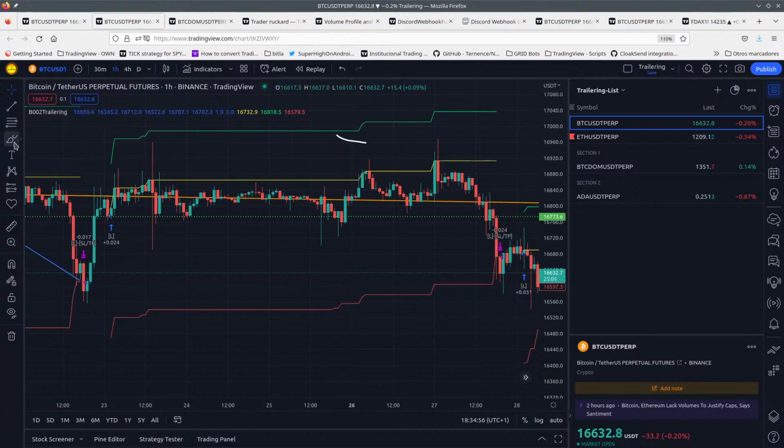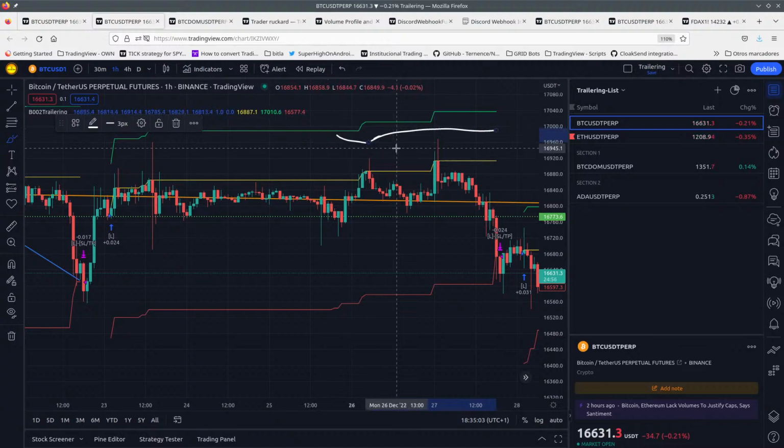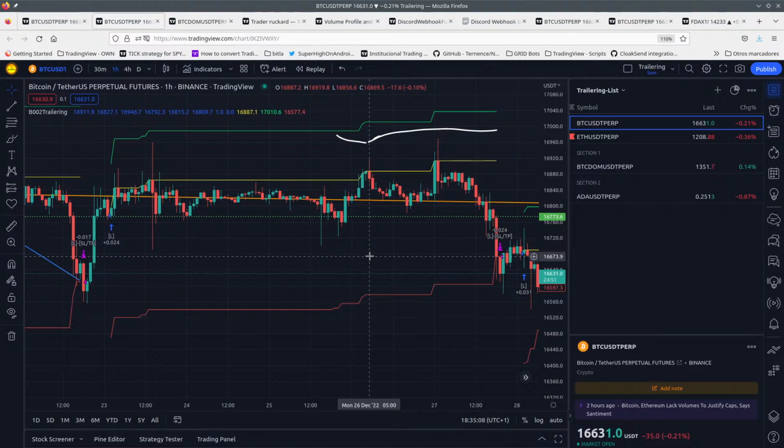It means it wouldn't have reached this anyway. Although we can always make this stop loss affect more than the take profit and then go down, so that it's a bit better to reach. Yeah, okay.